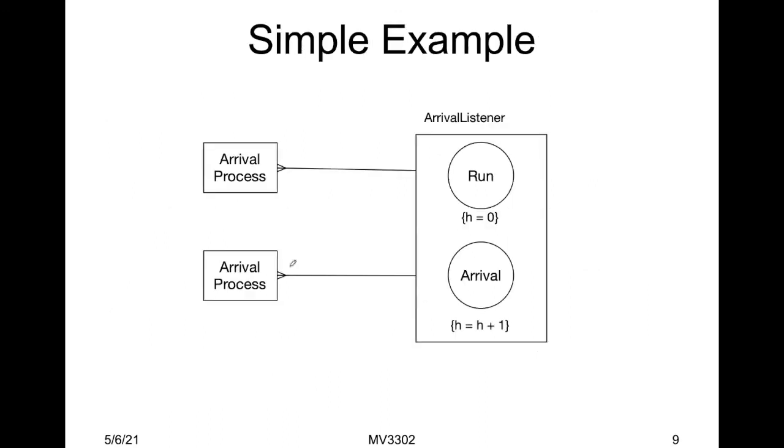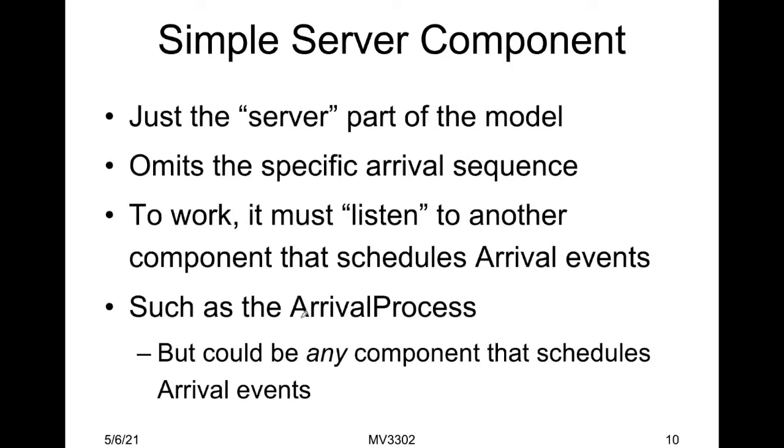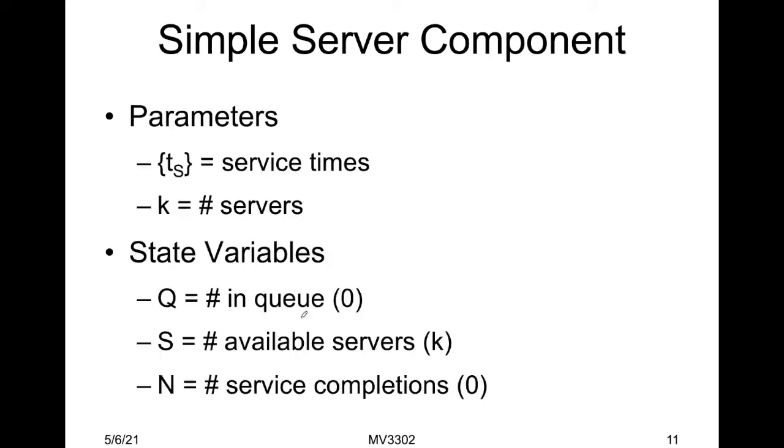And in particular, we could have a situation like this where there might be 2 different arrival process streams. There might be 2 different mechanisms that produce arrivals to the system. And so we can model them as 2 different unique arrival processes, but then have it be heard by the same server component if we want. We're not going to do that yet, but we will. So let's just look at what this component looks like.